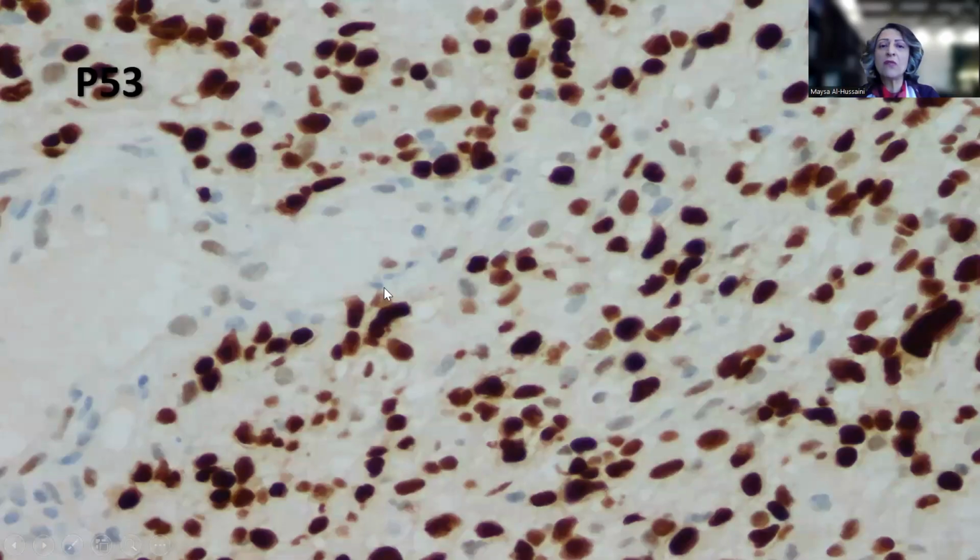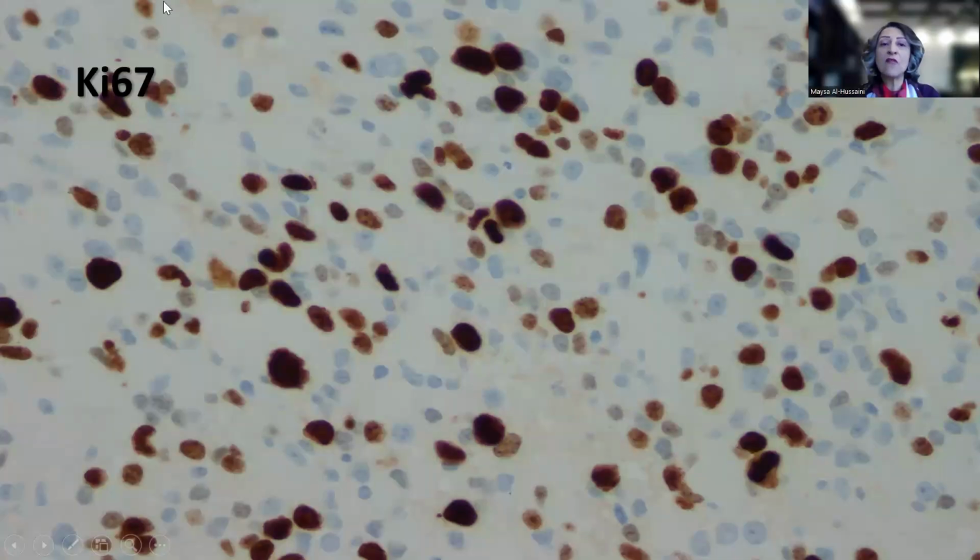And then p53 beautifully is strongly positive in 50% or more of the tumor cells consistent with abnormal expression or a mutant expression, again in the presence of the normal staining pattern, which is the mosaic staining pattern in the tumor cells. And then finally, the Ki-67 highlighted the increased proliferative activity estimated around 20%.